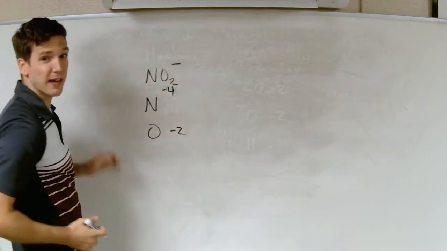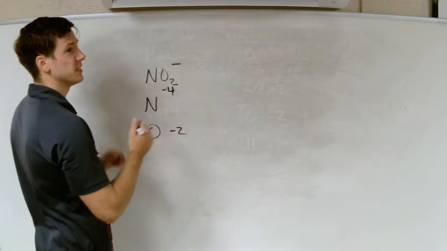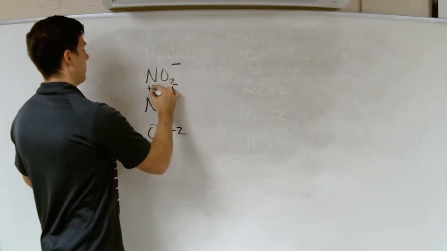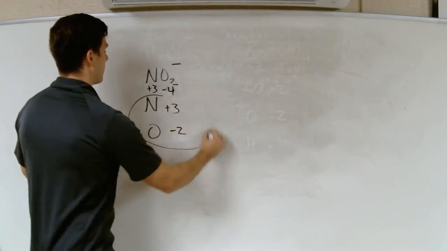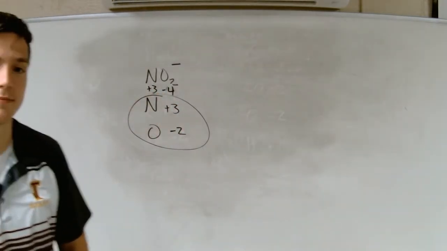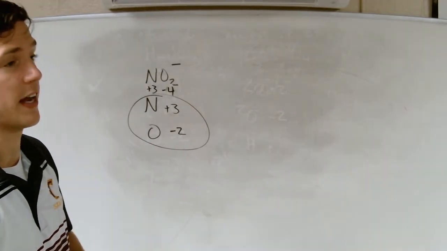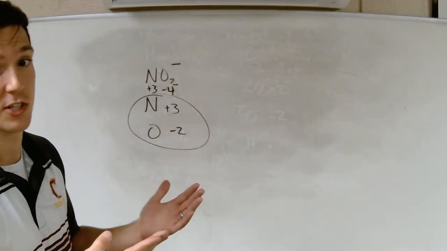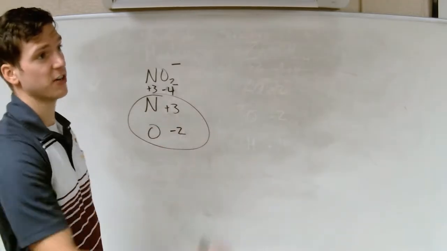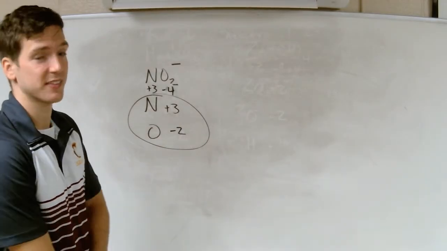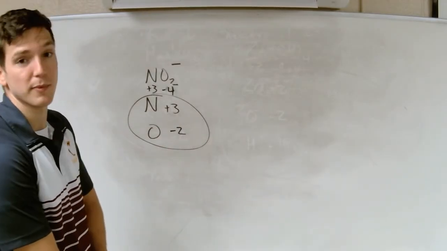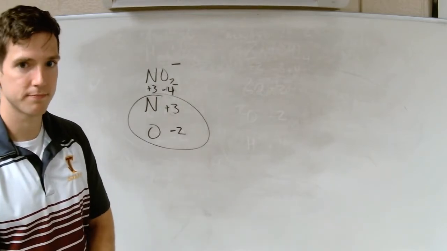And remember, I've got to match that -1 charge, so that must mean nitrogen is +3. Okay, +3. And then this is the instance where you say, okay, now I realize that this isn't just the charge, right? Because nitrogen's charge is -3 on the periodic table, but in this case, its oxidation number is +3.